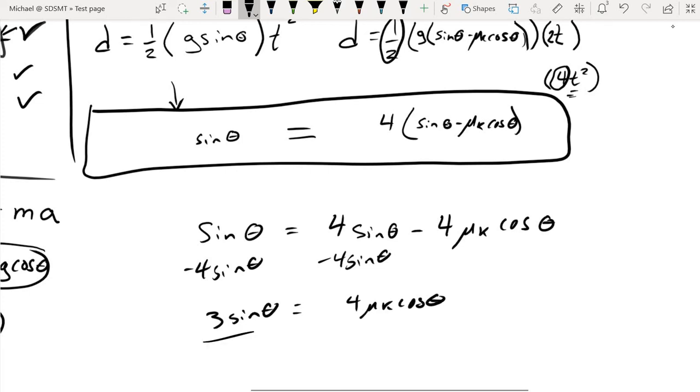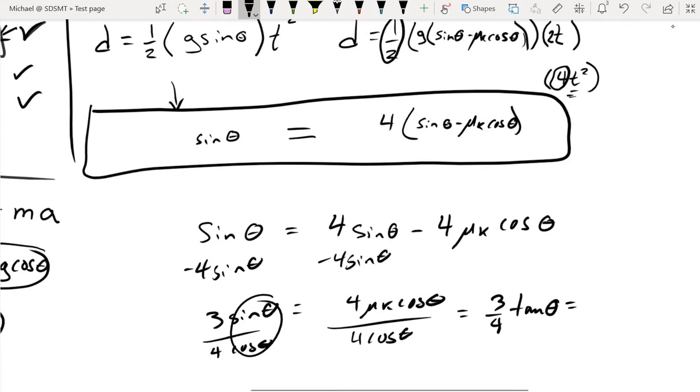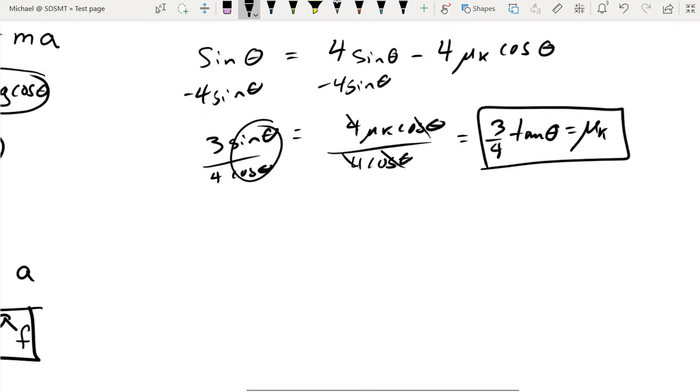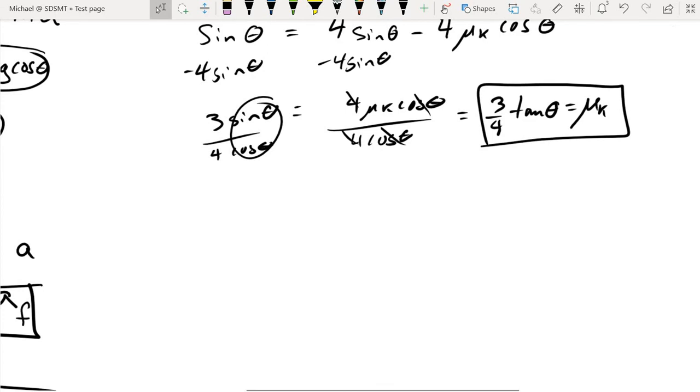And I'll divide each side by 4 cosine, and that will give us 3/4 of tangent equals mu k. So there's our answer. Regardless of who you are and what value Wiley gave you for theta, we now have the coefficient of kinetic friction for the friction slide.